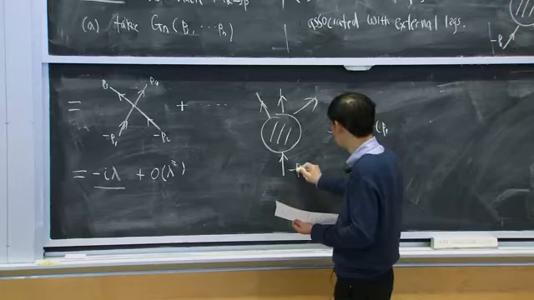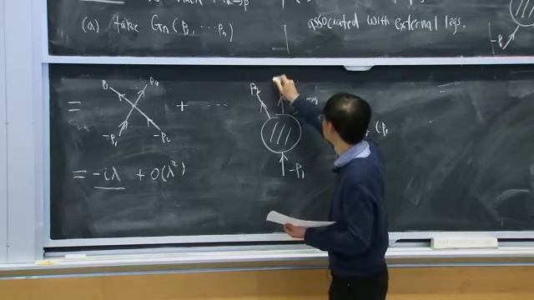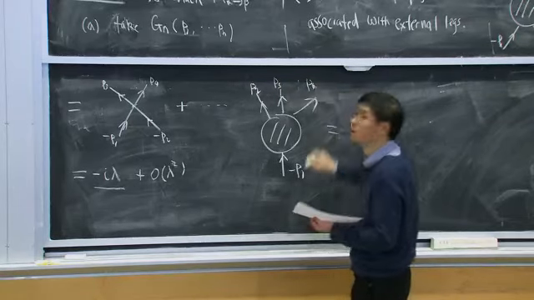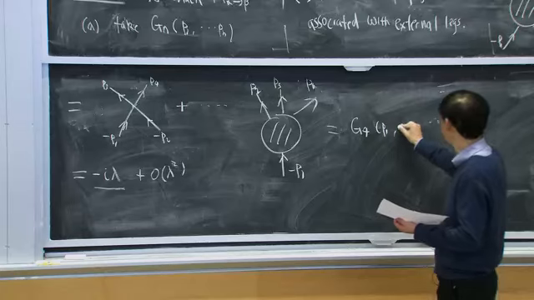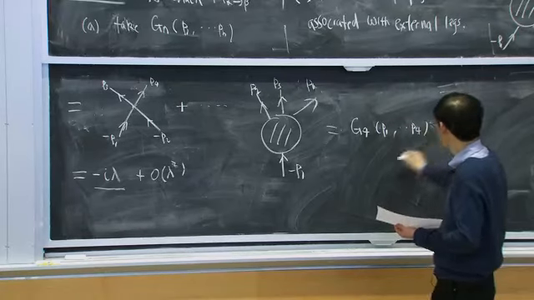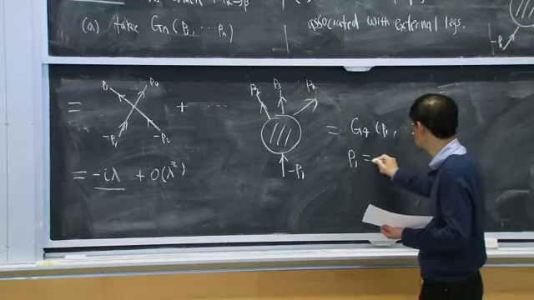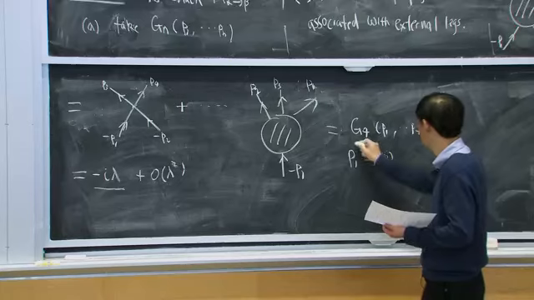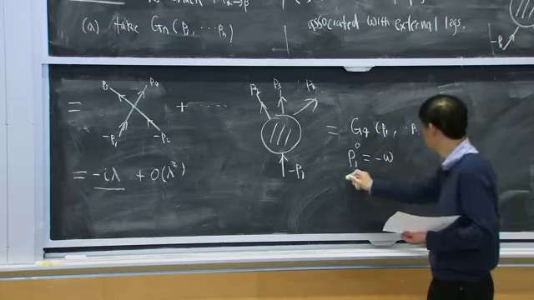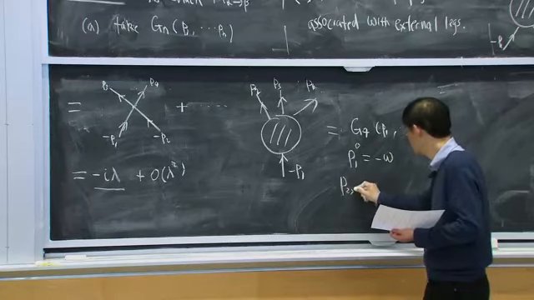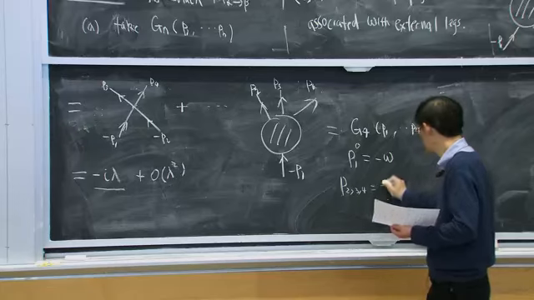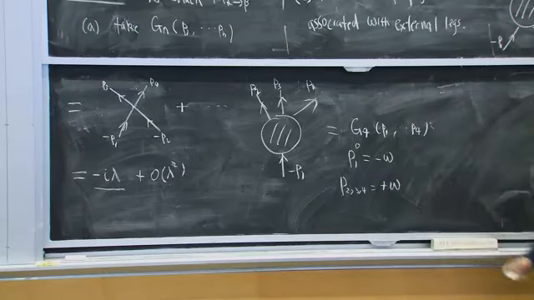Now we take minus P1, and then P2, P3, P4. Now we take P1 to be the negative root, with P1 zero component being minus omega, and then P2, P3, P4 to be the positive roots. That corresponds to this process.